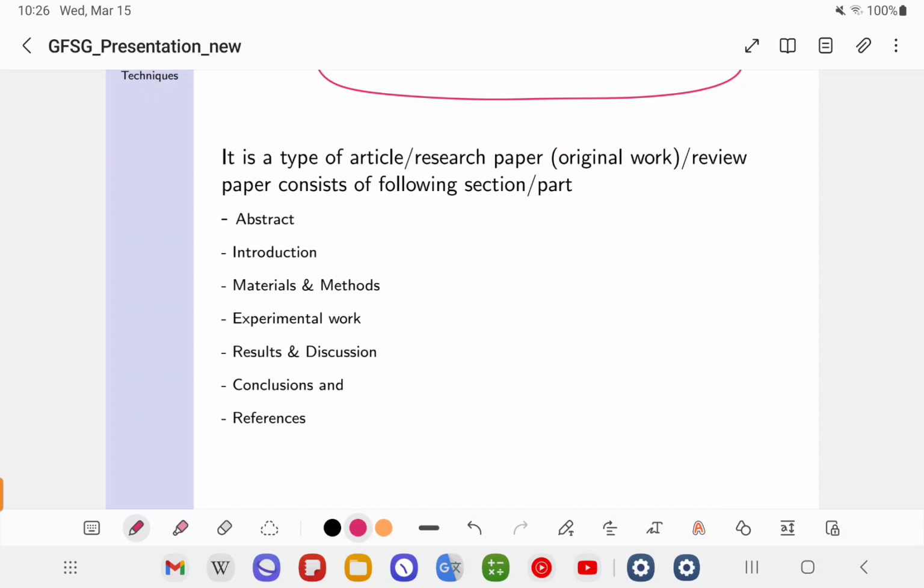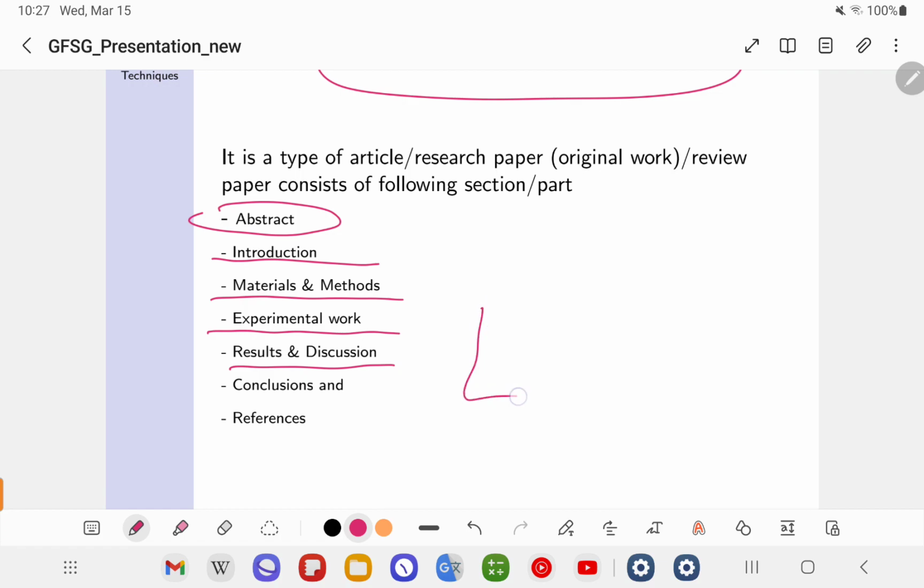Remember, in every paper, these are the main subpoints. Every paper has to have an abstract, introduction, materials and methodology or methods, meaning what kind of experimental work you have carried out, results, that may be graphs which you have presented or plotted, conclusion, and maybe references in the end.